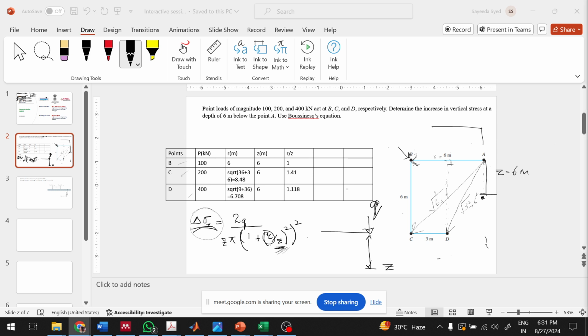Let me calculate. Over pi into 1 over 1 plus r over z whole square, and then r square.